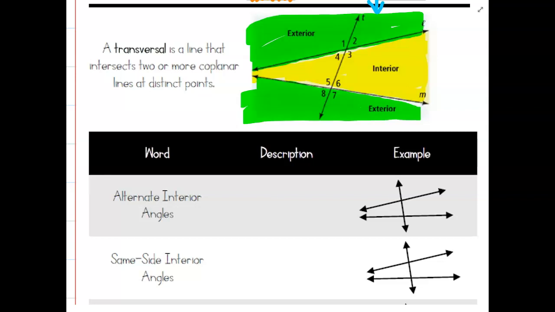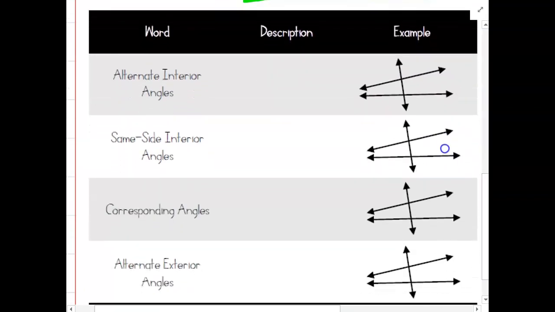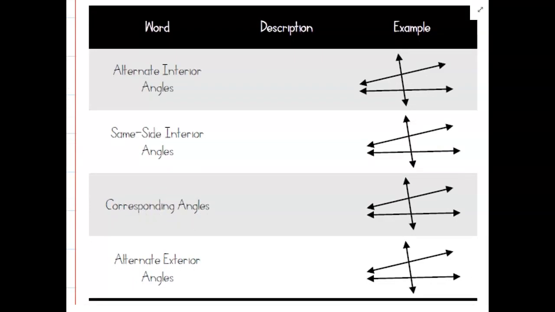If they are on opposite sides, so one's on the right side, one's on the left side, you're going to call them alternate angles. Alternate kind of means the same thing as opposite. So let's talk about a bunch of these different pairs of angles. The first type we're going to talk about are alternate interior angles.